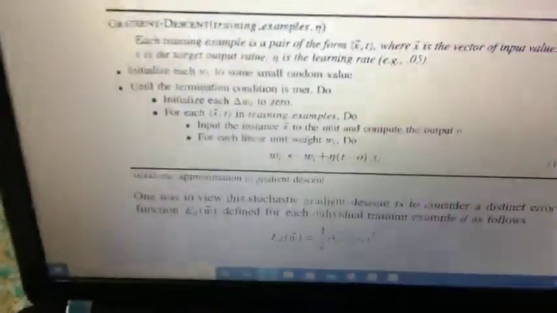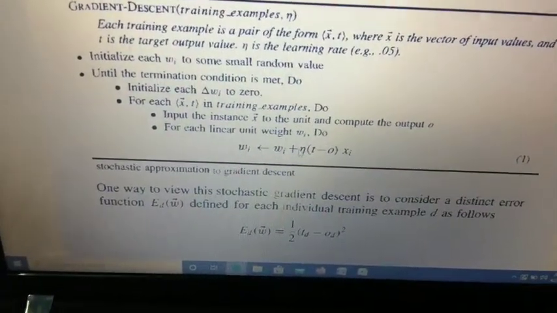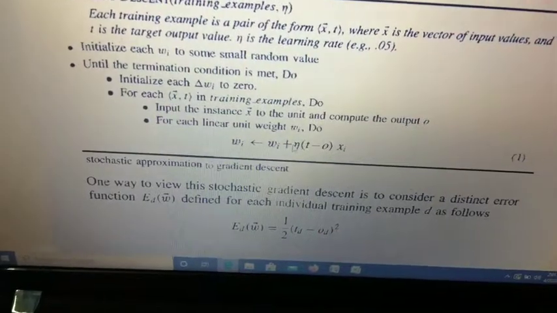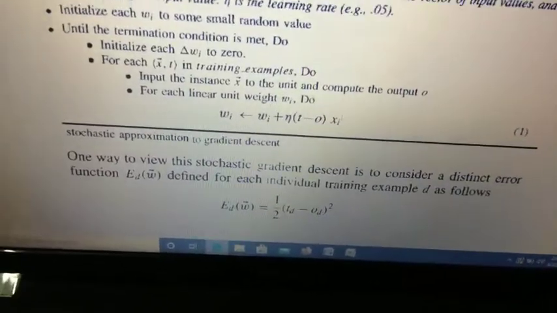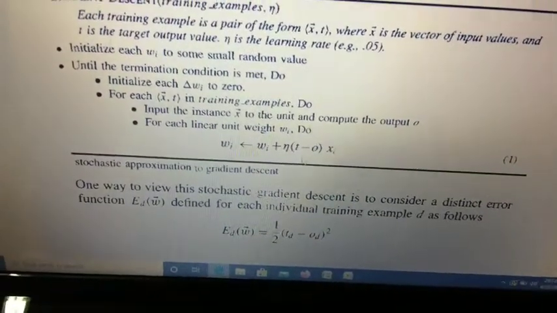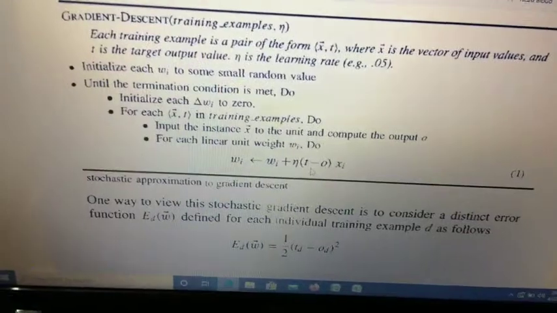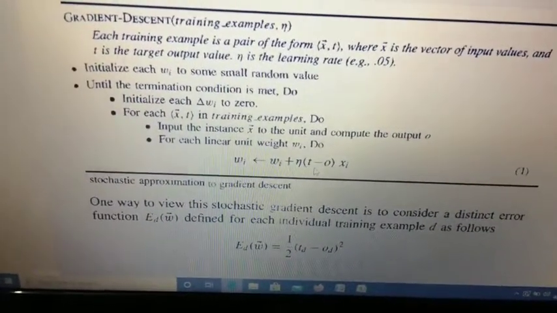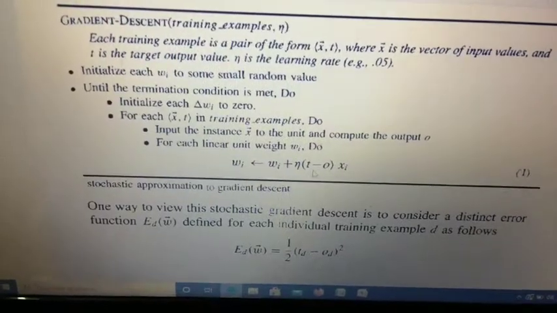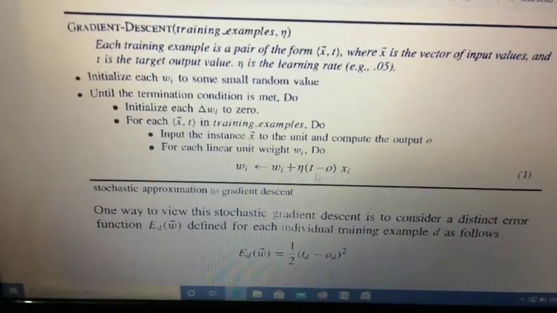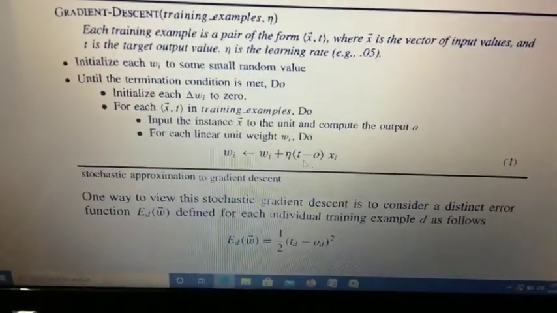So the weight will be updated as wi equals wi plus eta times (t minus o) times xi. After the plus we have the value of delta wi. Observe here there is no summation, because in a stochastic approximation we randomly choose a training example, and only one training example, and we approximate the error.